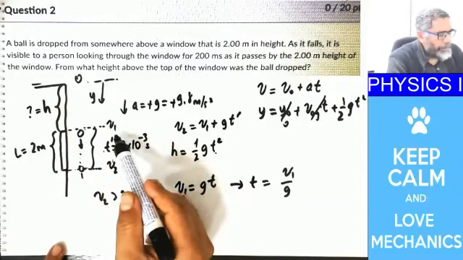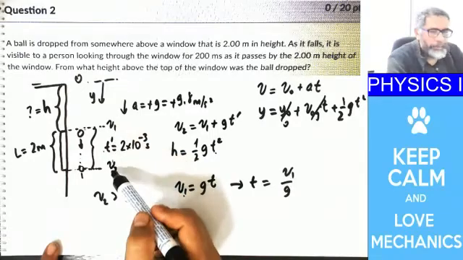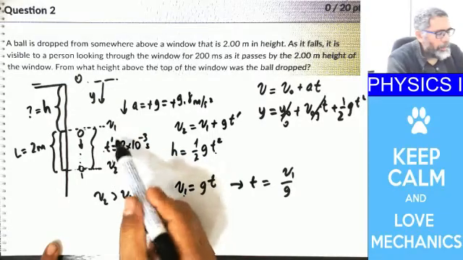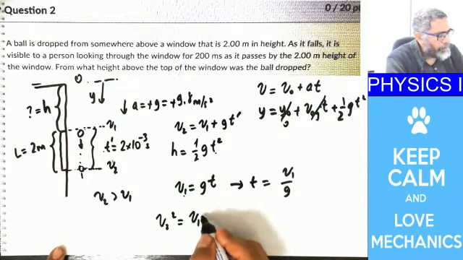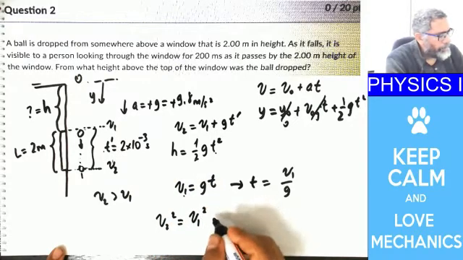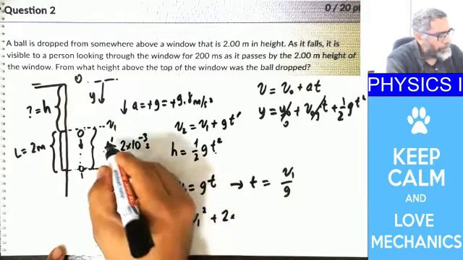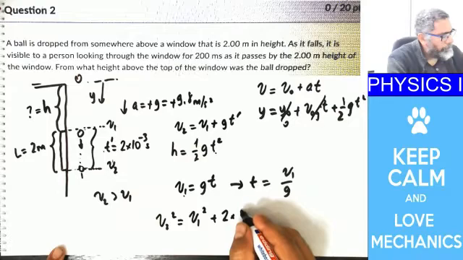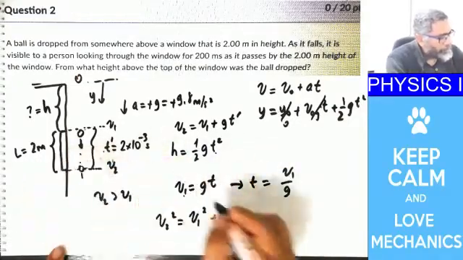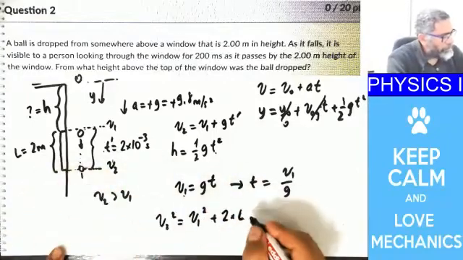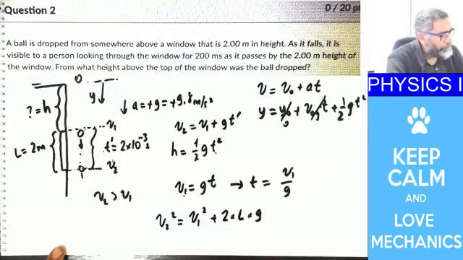And the other thing is that there's a relation between v1 and v2, right? And this relation is v2 squared is equal to v1 squared plus 2 times the 2 meters, L, multiplied by g, right?